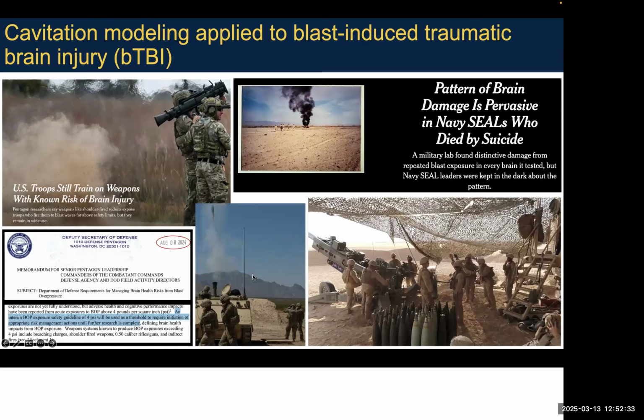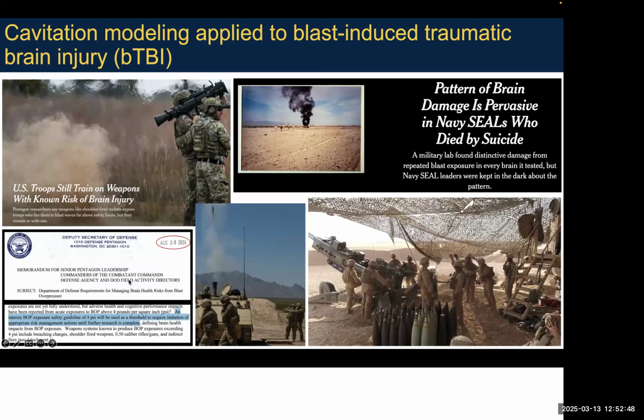So it turned out that until this past summer, there were no physics-based metrics for safety, that is, knowing what kind of blast pressures would be safe to be exposed to.